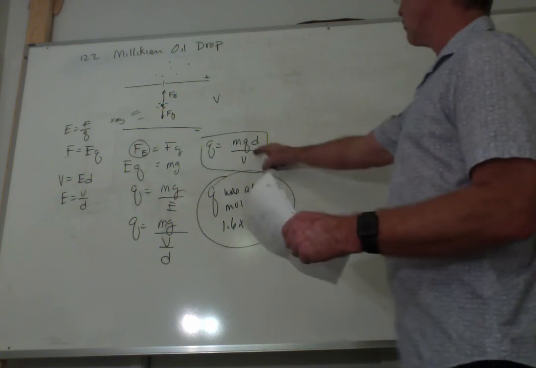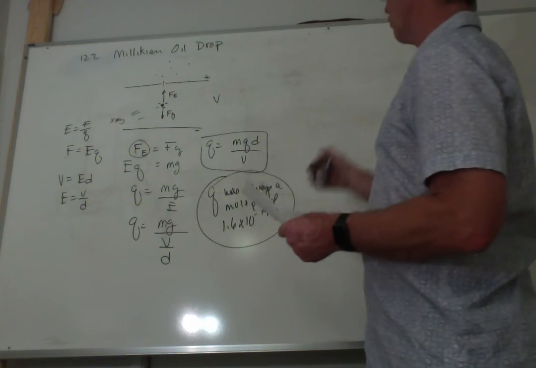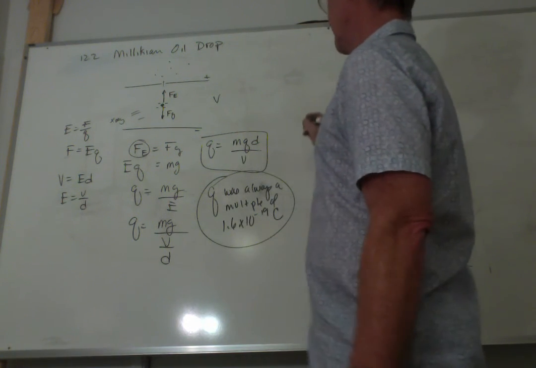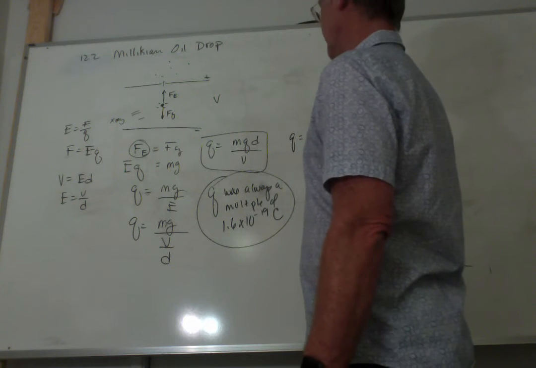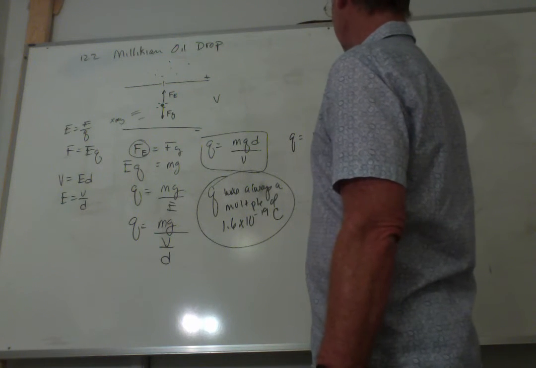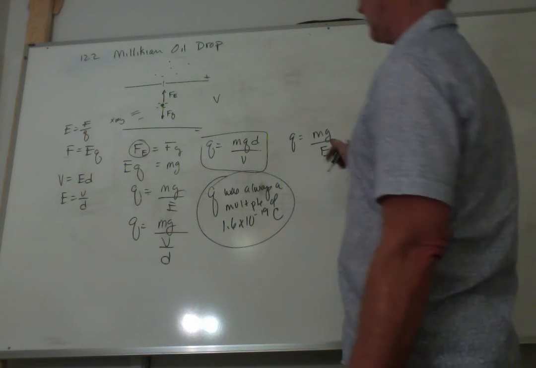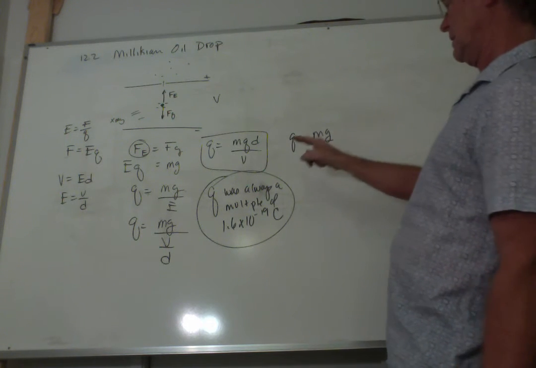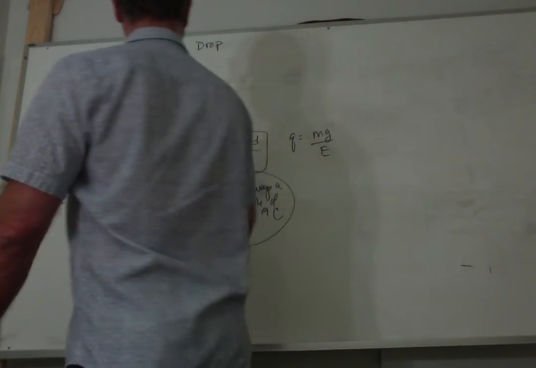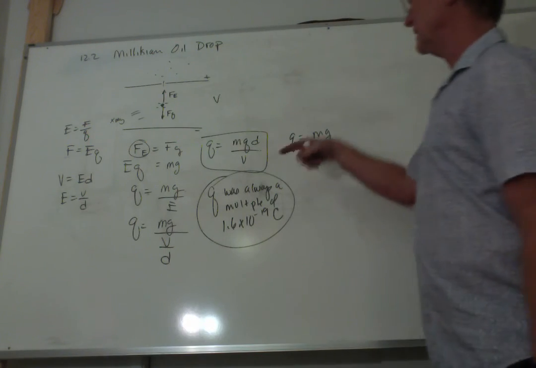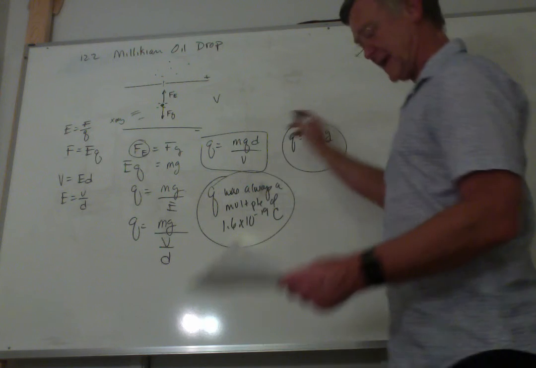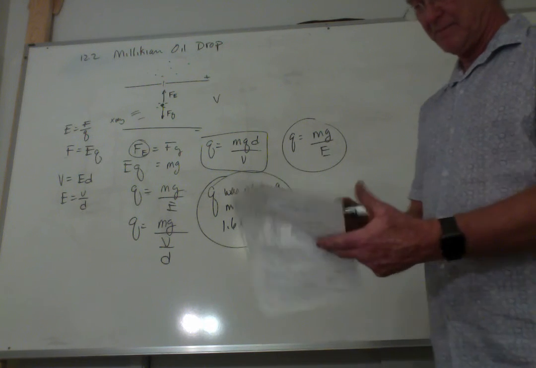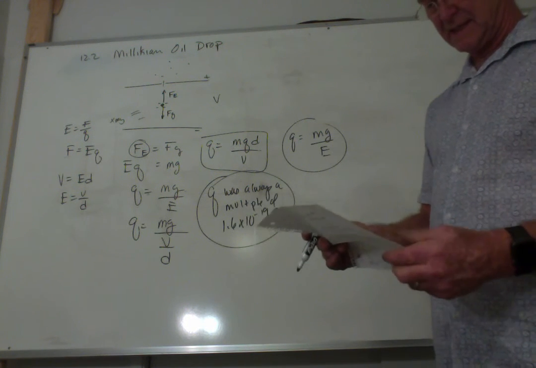And so this equation can be used to do that, or this could also be Q is equal to mg, as we did, over E, but E is equal to this. And so you actually have a few problems with that.